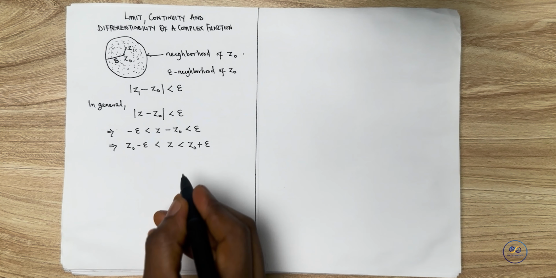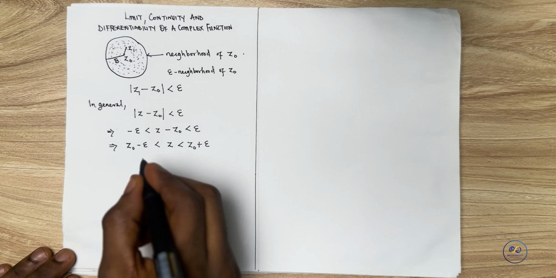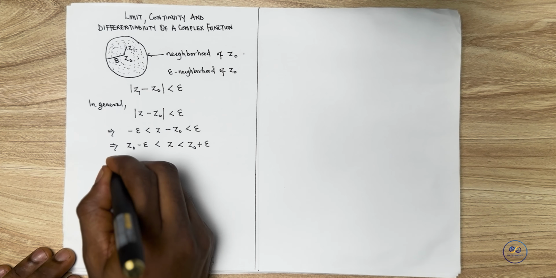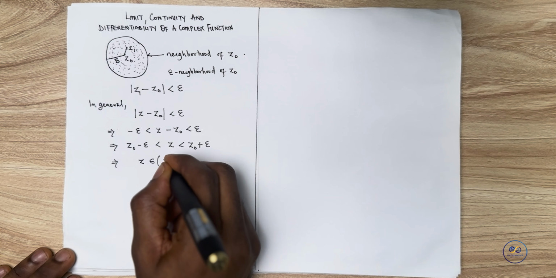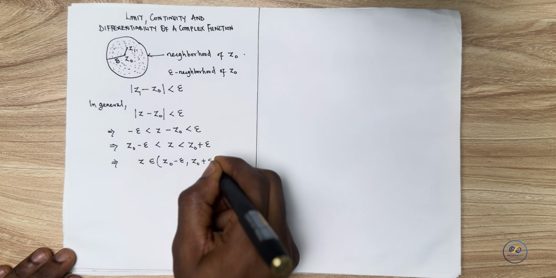And what have we done? We have been able to create an interval around z, which is based off z0. In this case, we can say that z is completely contained in (z0 − epsilon, z0 + epsilon).